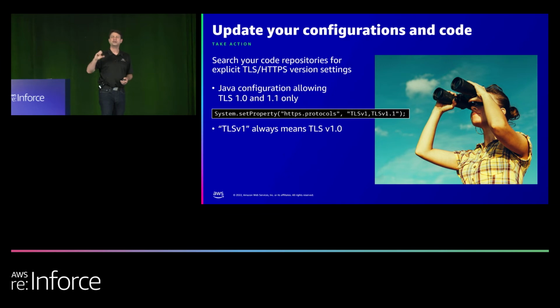This will hard code every HTTPS connection to use only TLS v1.0, remember it says TLS v1, that means 1.0, or v1.1. It will never be able to do 1.2 or 1.3 with this configuration, even though your system supports it. So unfortunately, there are not just multiple languages. In most programming languages I've looked at, they can have 2 or 3 different ways to achieve this same thing, unfortunately.